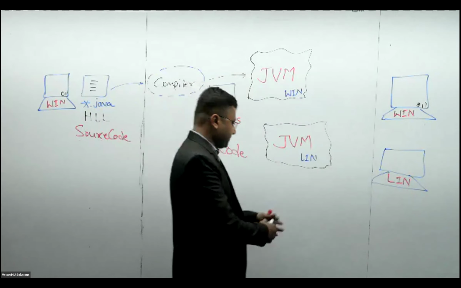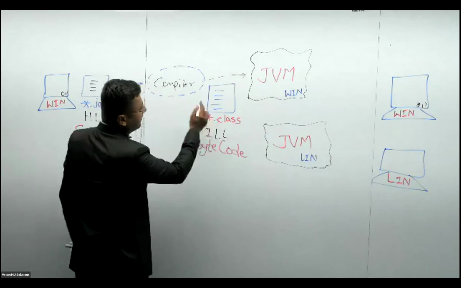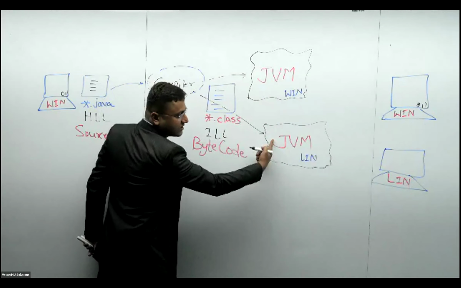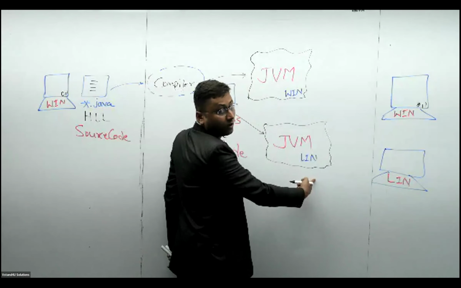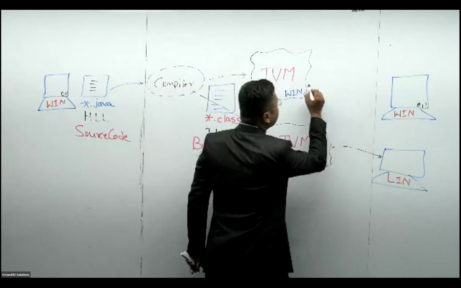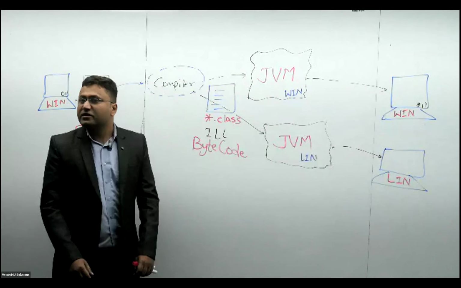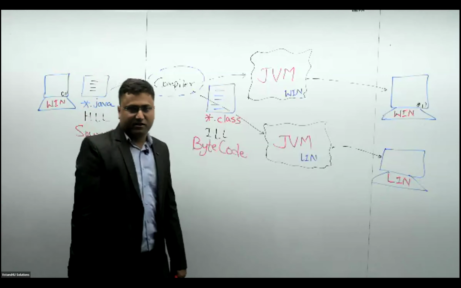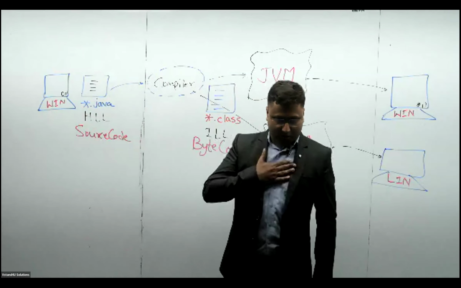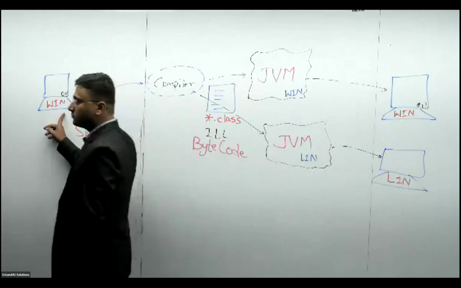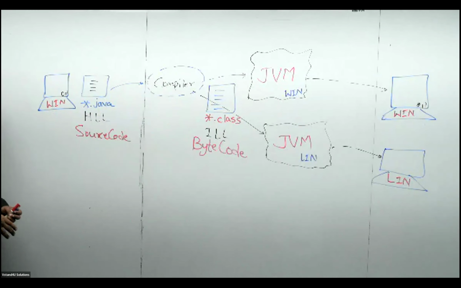Now listen carefully. So this same bytecode will be given as an input to the JVM of Linux. Hello? Agree? Am I clear? Agree? 100%. In that case, let me ask you, sir, being a programmer, I am using the Windows operating system.